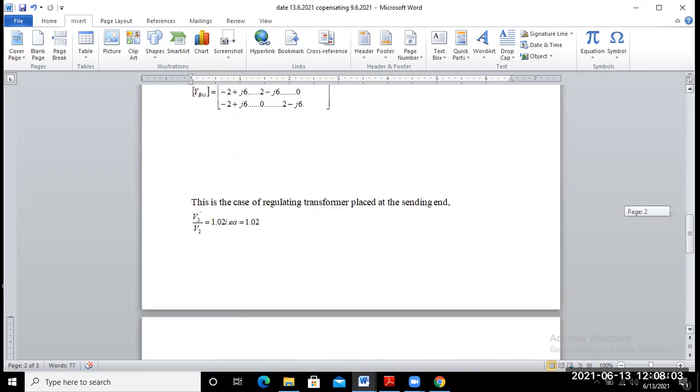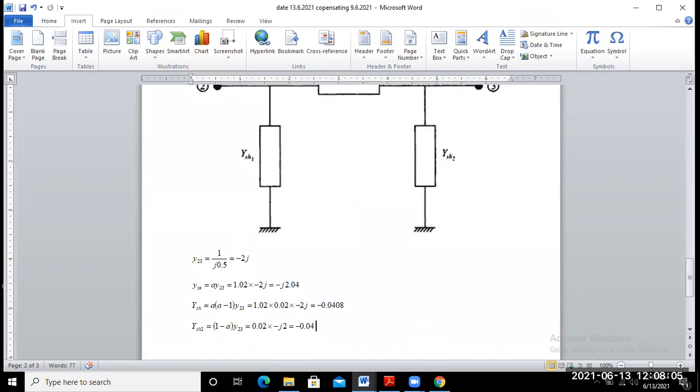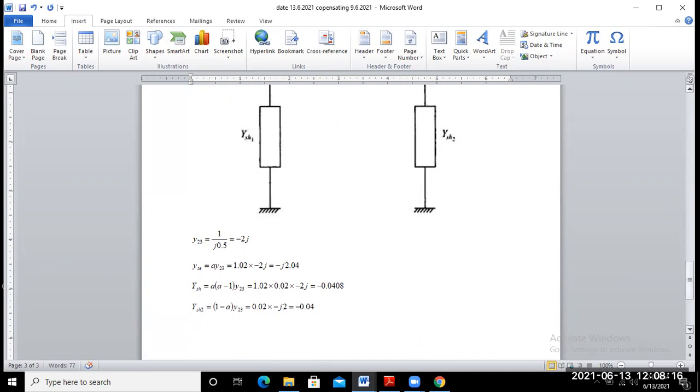So now the next new elements, that means we have new elements of Y22, Y33 and Y23.